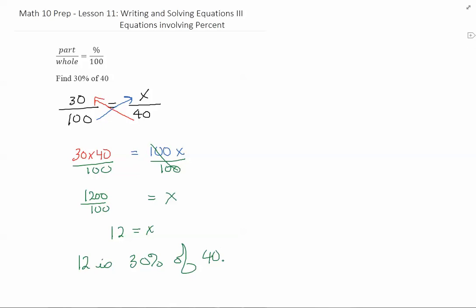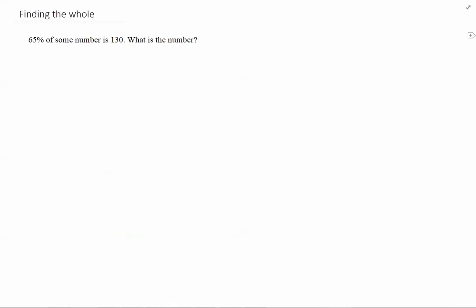Let's move on to another example where we're trying to find the whole rather than the part. 65% of some number is 135. Again, we have a percentage, 65%, so that's 65 out of 100. So 65% of some number is 135.